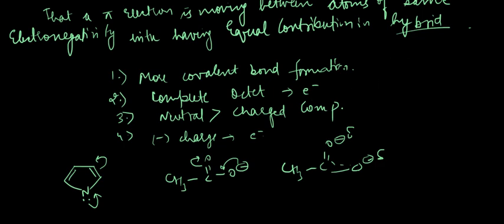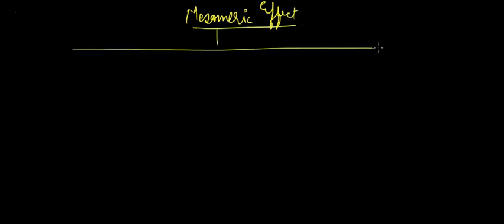Okay, so let's move on to the mesomeric effect. So it can be broadly classified into two categories. One is plus M. It can also be written as plus R. Another is minus M. It can also be written as minus R. So it is nothing but a different name of the same resonance effect.